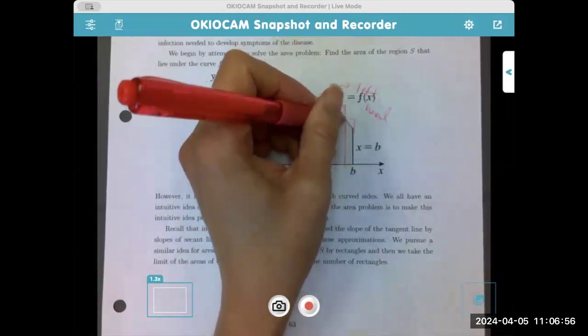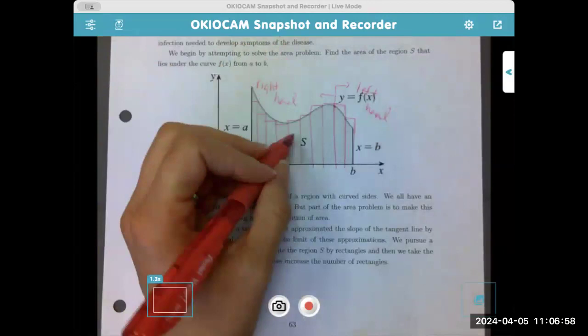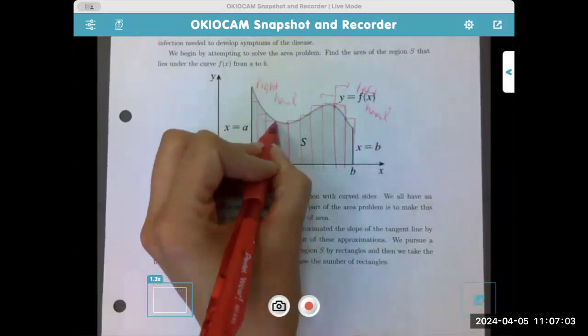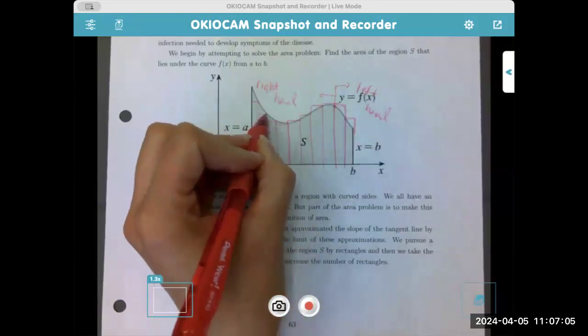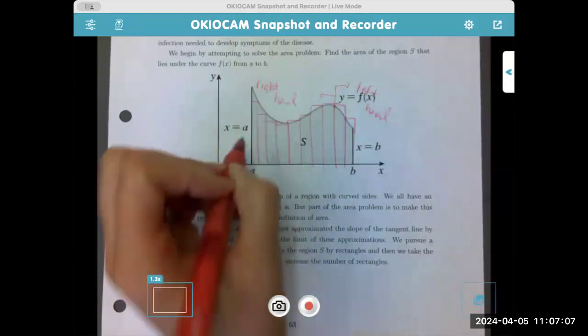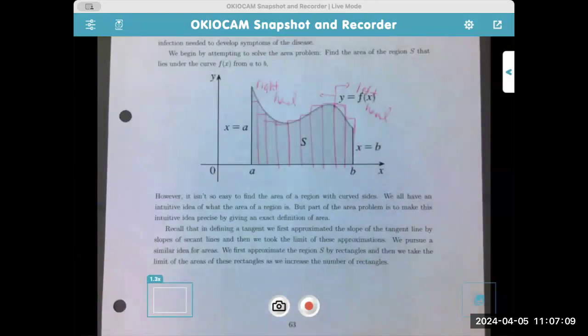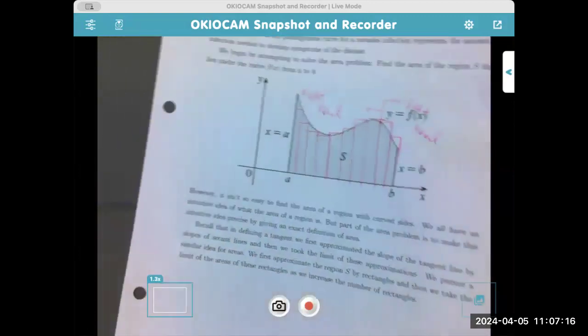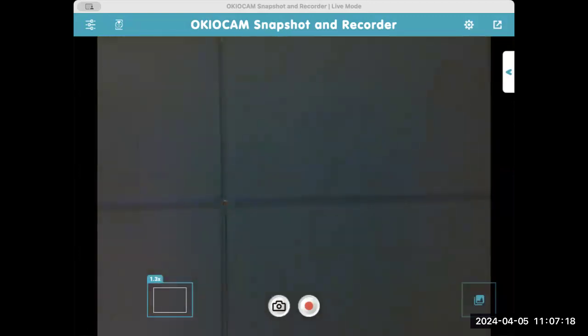Left hand of the rectangle and you go over. These are right hands because you go to the right hand portion of the rectangle and you go over. So basically we're going to just add up a whole bunch of rectangles. That is the idea behind 5.1, just adding rectangles at the heart of it.